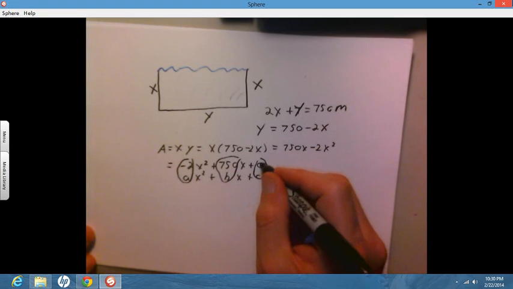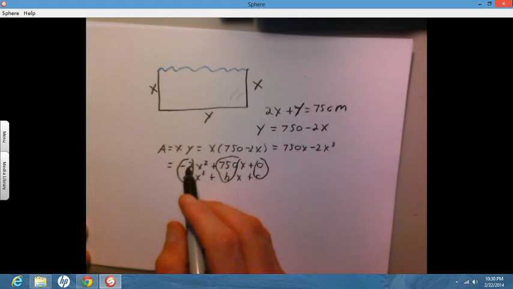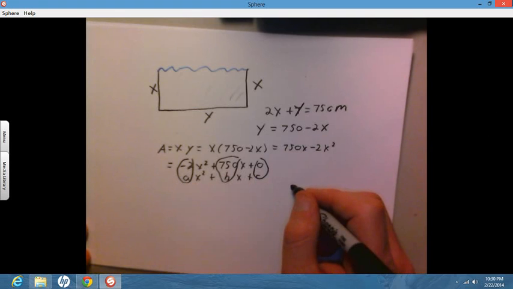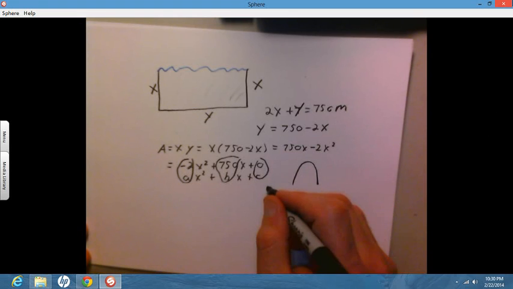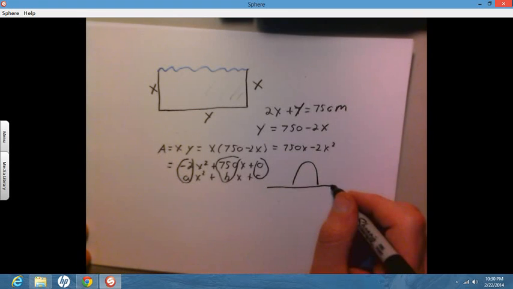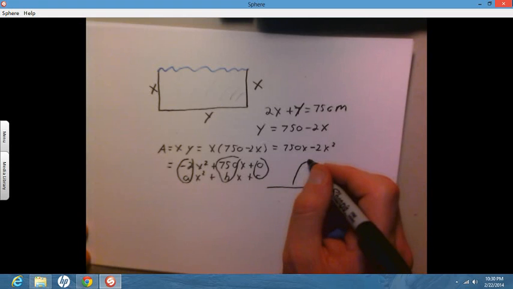Now because there's a negative 2 over here, this is a face-down parabola. A face-up parabola does not have a maximum value, it has a minimum value. But we want to maximize, and this is a formula for area, so luckily it has a maximum value.